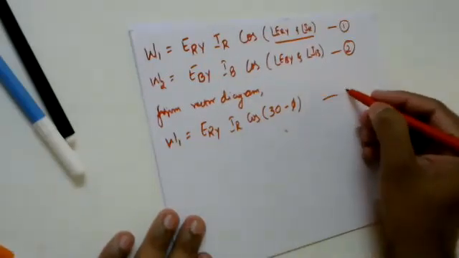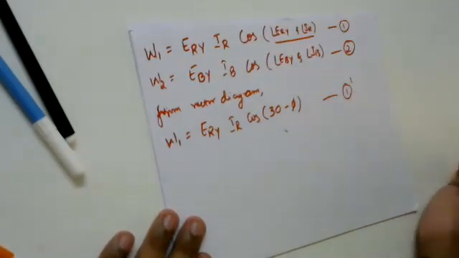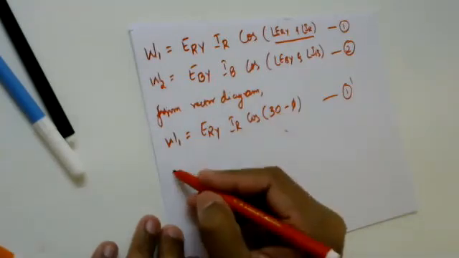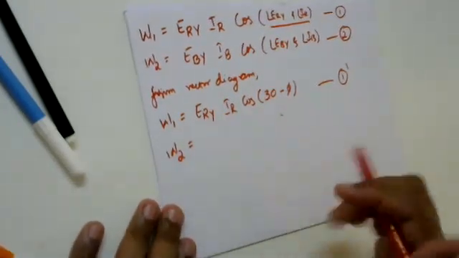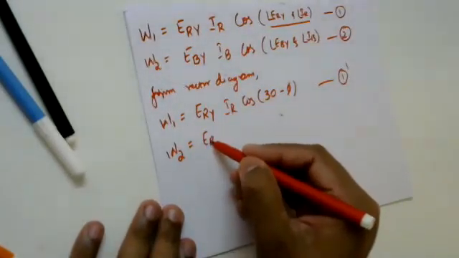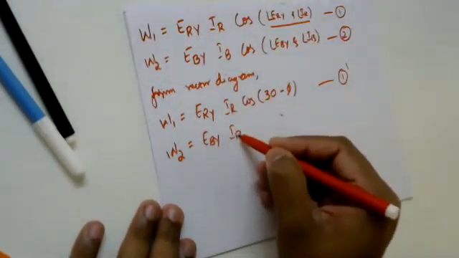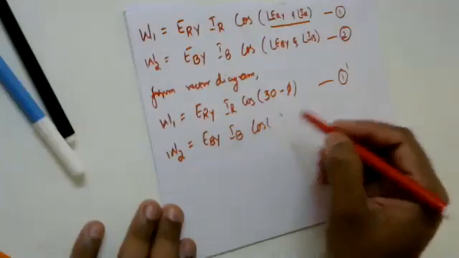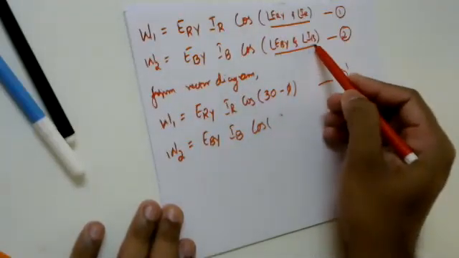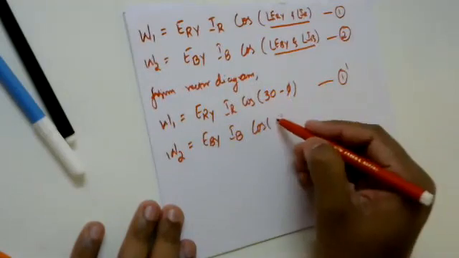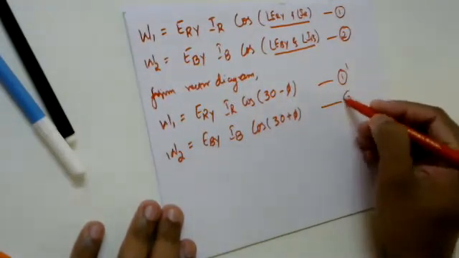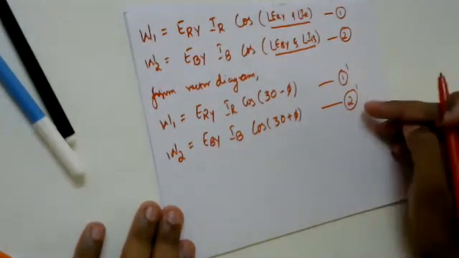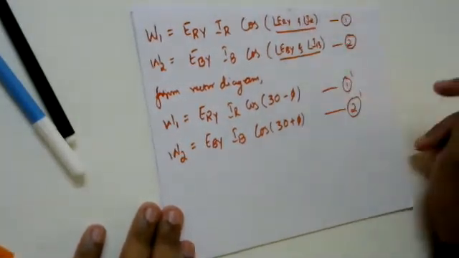I'll call this the updated equation 1, that is 1 dash. Similarly, W2 is equal to EBY into IB into cosine of the angle between EBY and IB, which from the vector diagram is 30 plus phi. I'll call this equation 2 dash, the updated equations of 1 and 2.